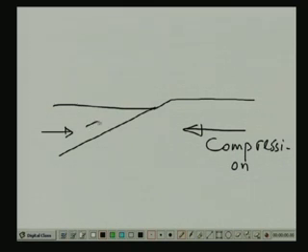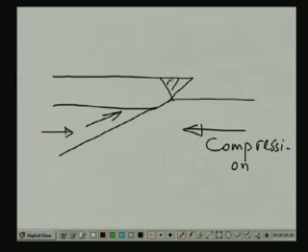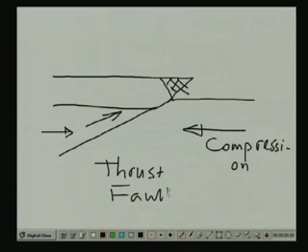Then this block is going to try to ride on top of the other block and eventually take a shape like this, and this block is going to get eroded out, and this kind of faulting is called thrust faulting.